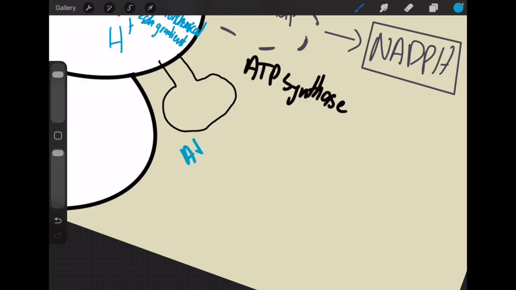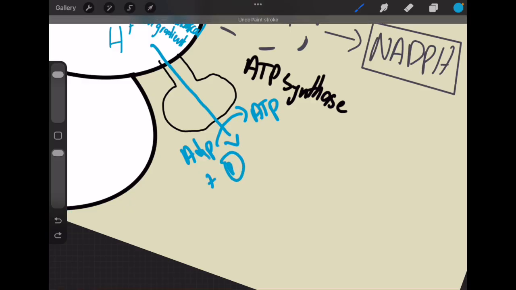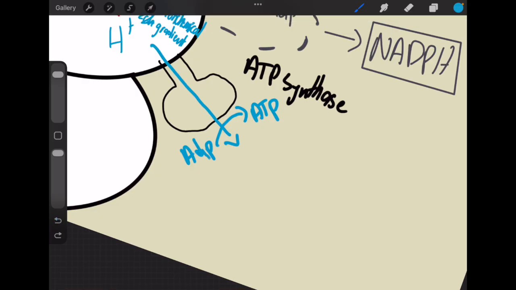So we have an ADP, and we're going to turn that into an ATP, okay? And that's due to that flow of hydrogen coming outside, right? So we're going to add a phosphate group back inside of this, okay?